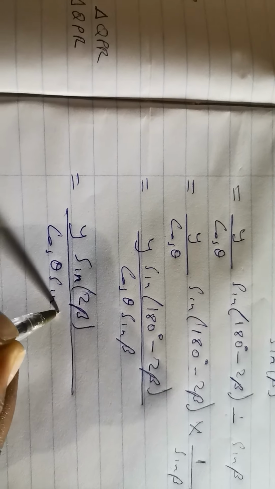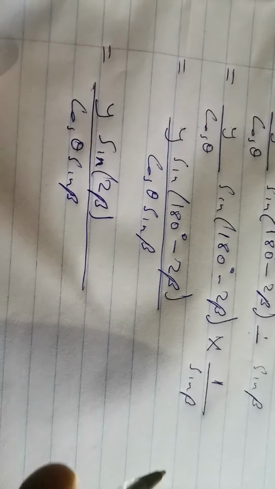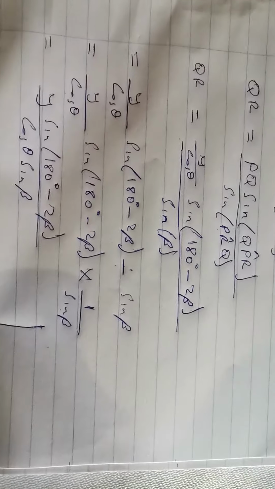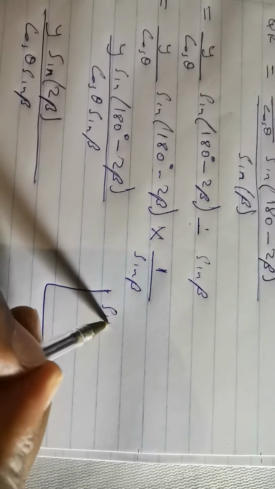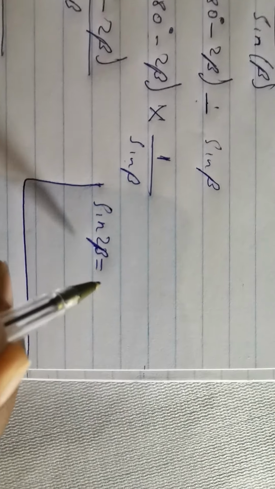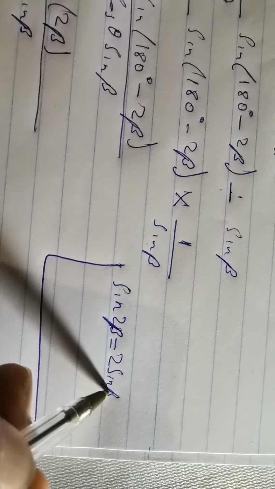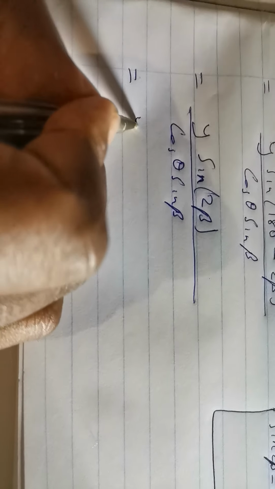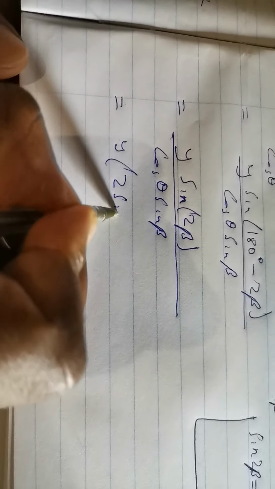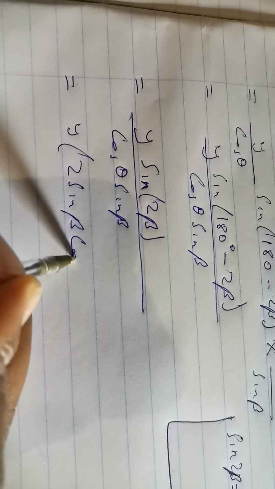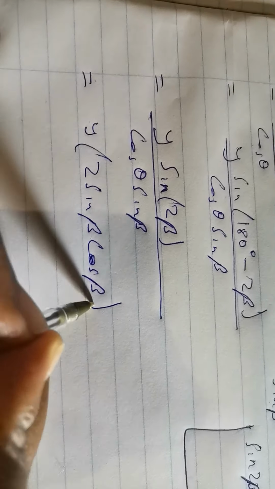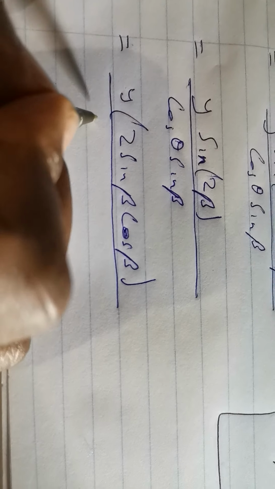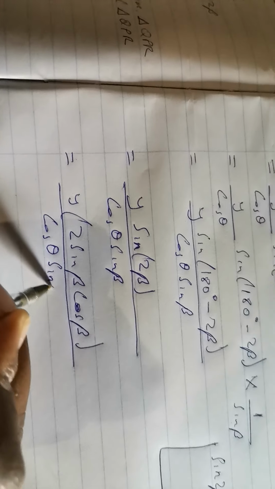All over cos theta sine beta. And then you remember, like we did in the first problem, as a side note, that sine 2 beta is equal to 2 sine beta cos beta, right? And then we write that in our numerator, so we have y into 2 sine beta cos beta, all over cos theta into sine beta, right?